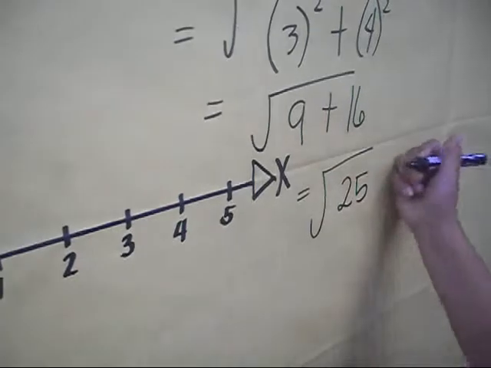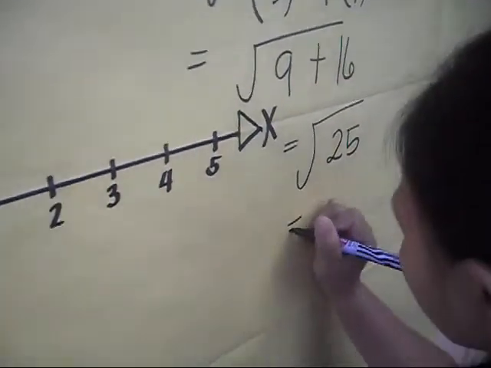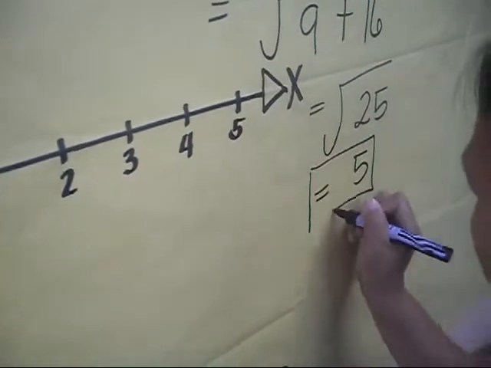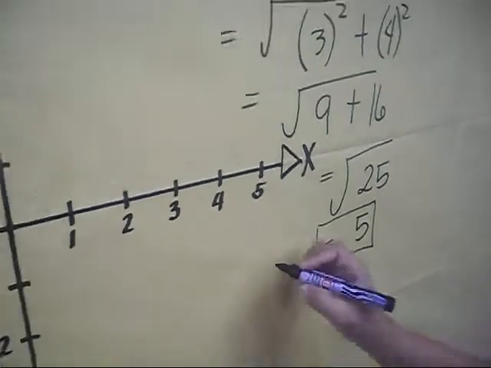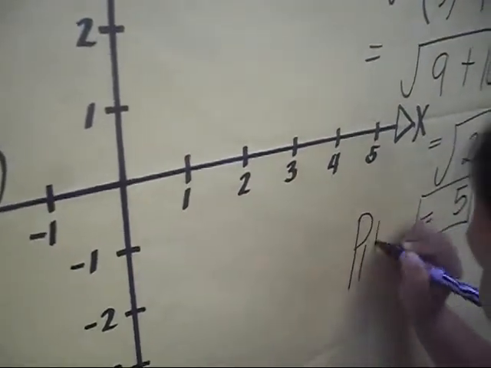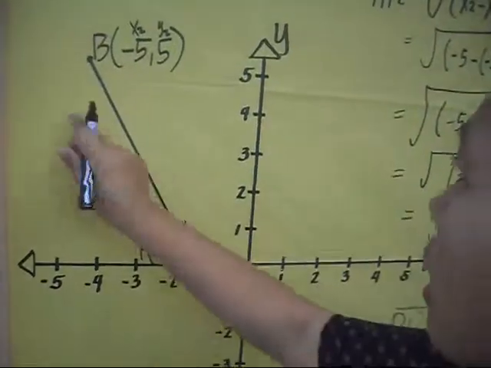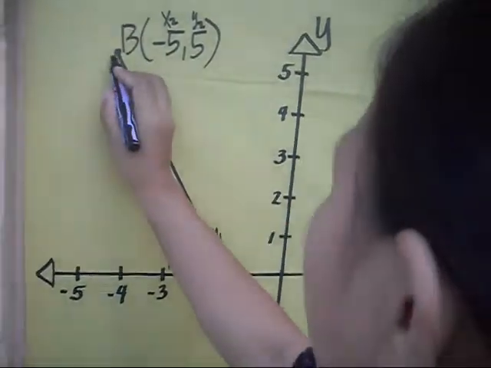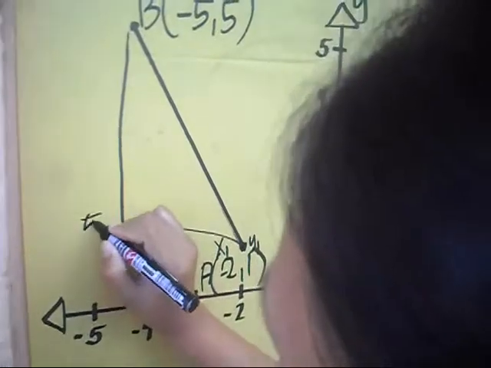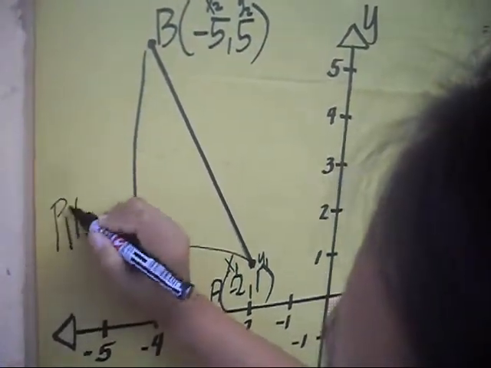Square root of 25 is equal to 5. Therefore, 5 is the distance between P1 and P2.